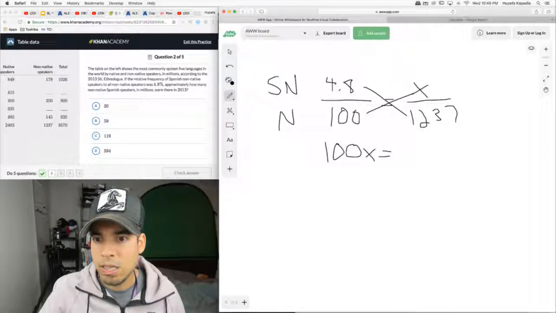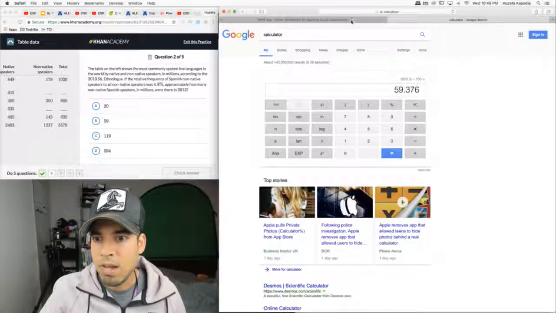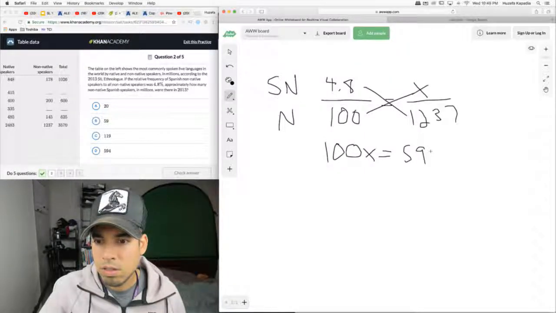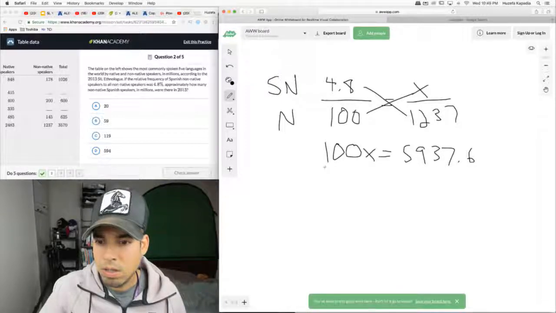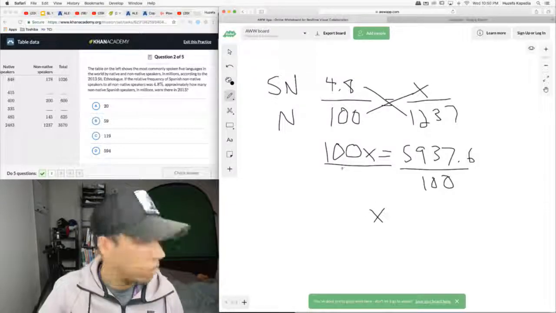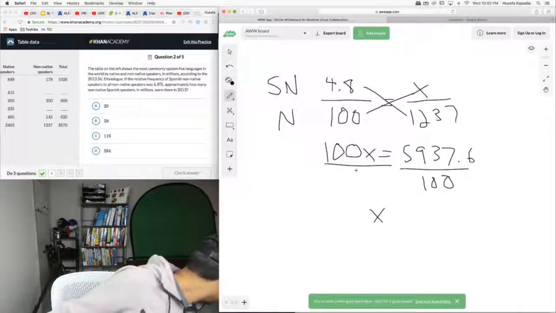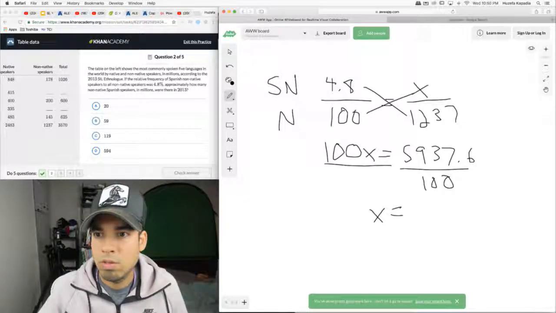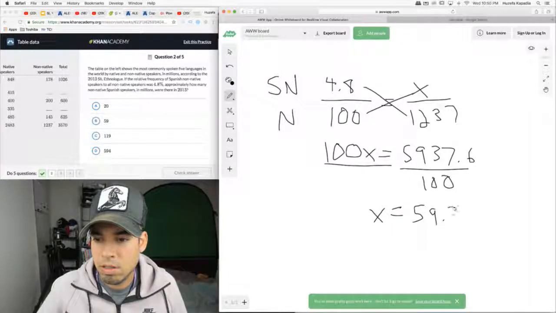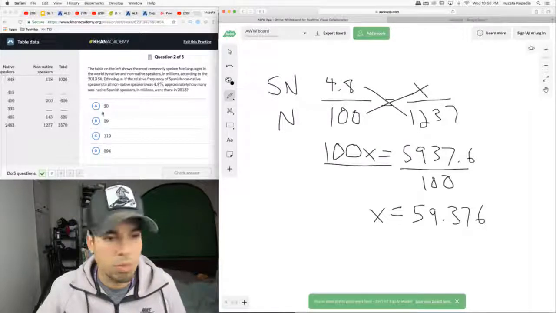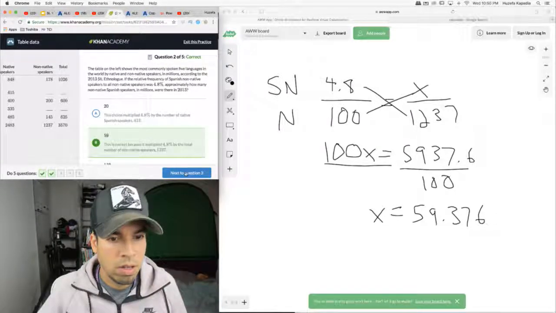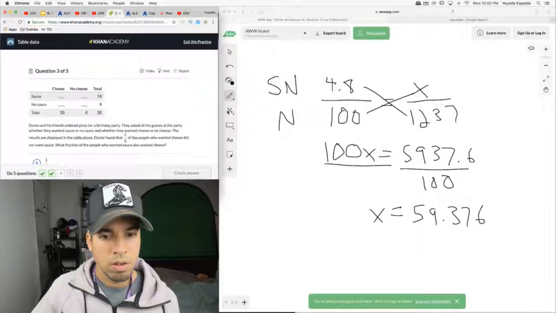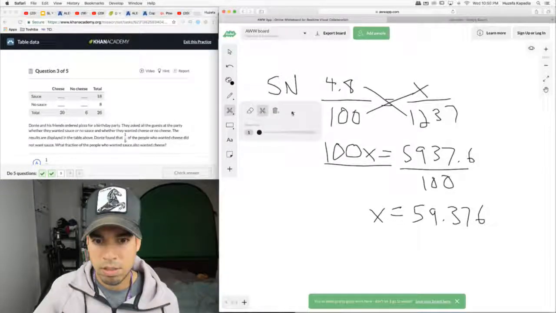So basically we get 5937.6, and then we have to divide by 100, and that's how we get that x value equal to 59.376. Okay, so approximately 59. Yay, yeah, sweet. 3 questions left.